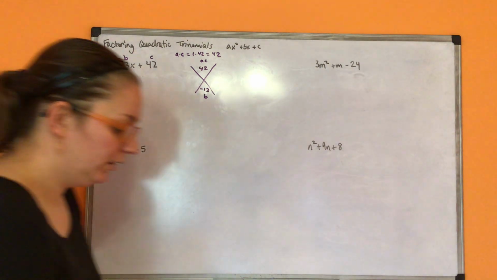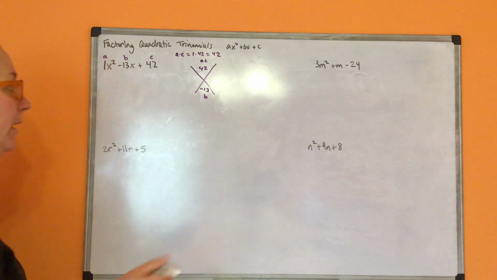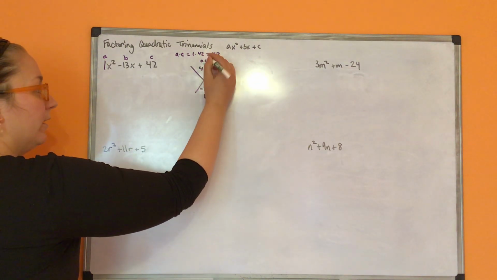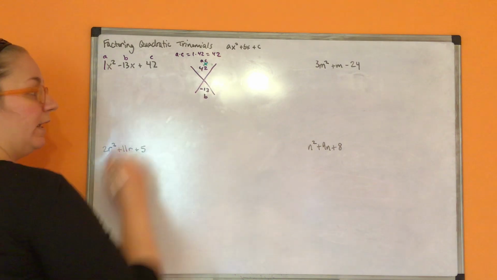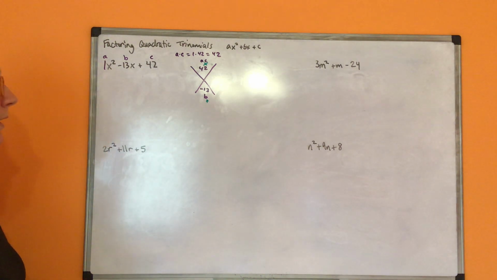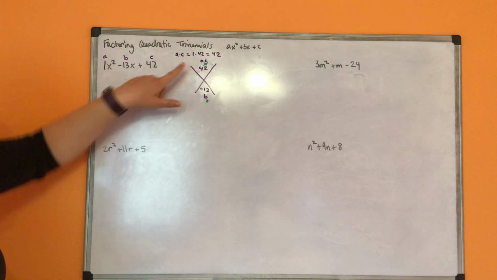We are going to be looking for the two numbers that multiply together to give us our A times C number, but add up to give us our B number. So how can I get to 42 by multiplying?